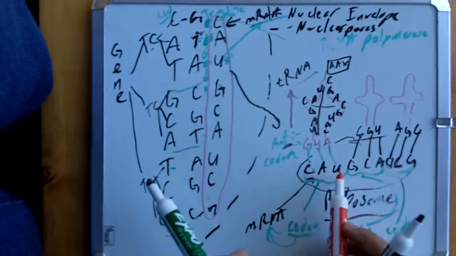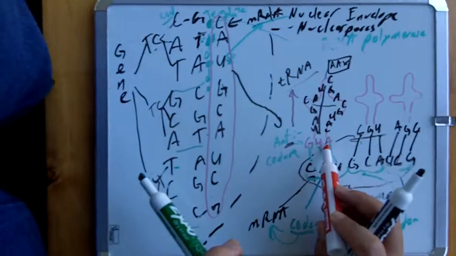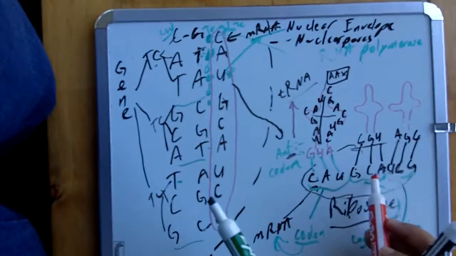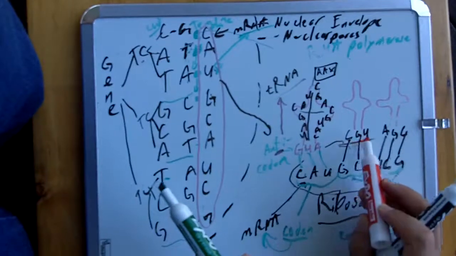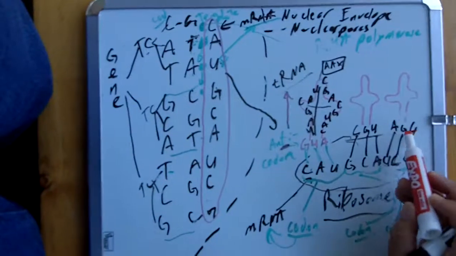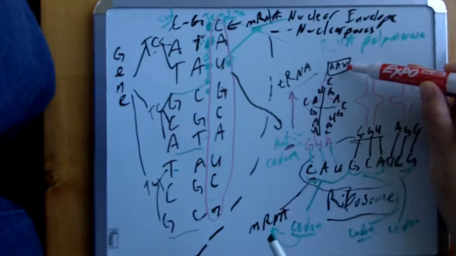So again, what are these three called if they're on messenger RNA? Codon. What are these three called? Anticodon.